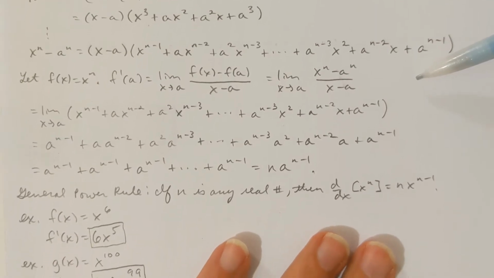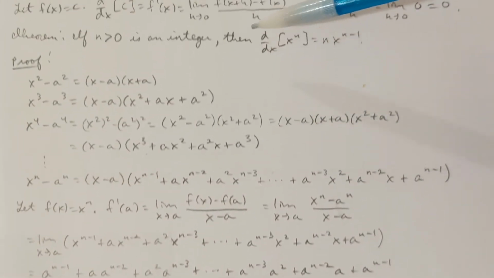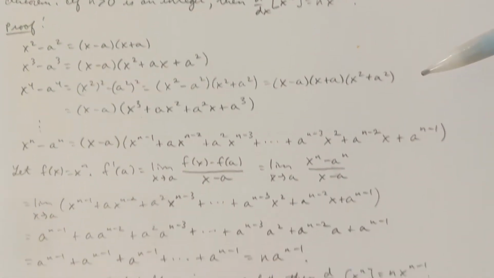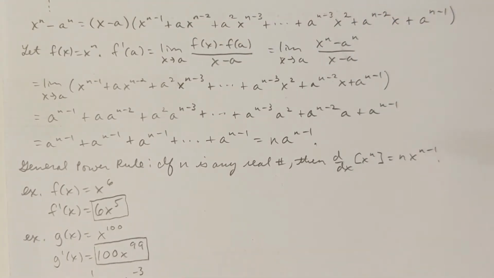So this would be just a general formula for factoring x to the n minus a to the n. Now, let's let f of x be equal to x to the n. We want to find the derivative of x to the n. Well, for this proof, I'm going to use the alternate version of the derivative formula.